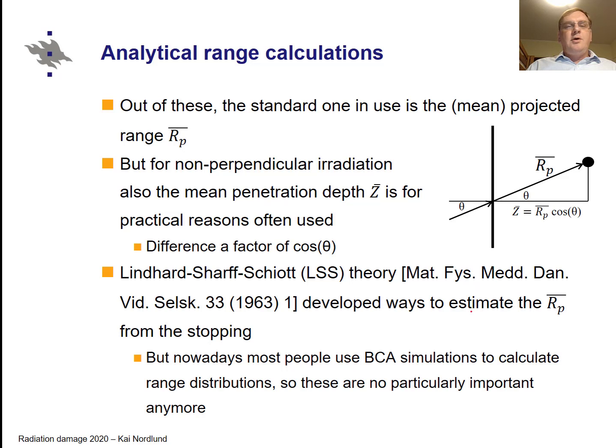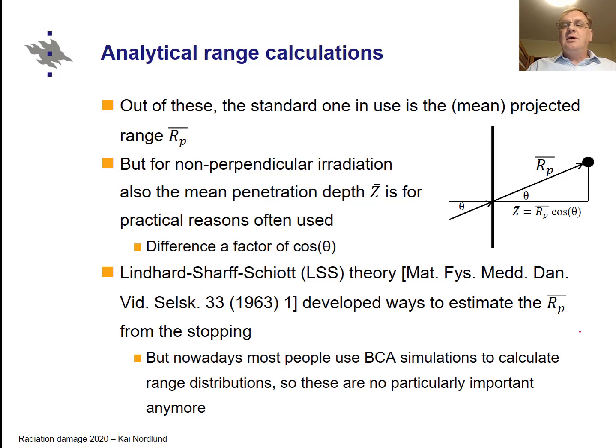But then the key question is that, okay, you can't directly integrate the stopping, but how do you get it from the stopping? Originally, in the 1960s, Lindhard, Scharff, and Schiott developed ways to estimate the mean projected range from the stopping, taking this scattering into account. But nowadays, computer simulations, the binary collision approximation simulations, are so fast that almost everybody wishing to have a range profile uses them.